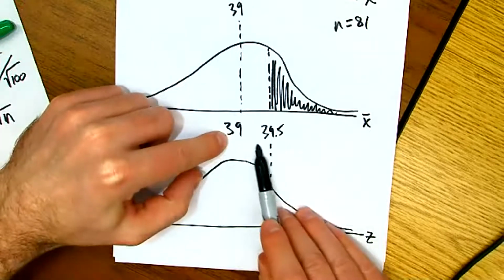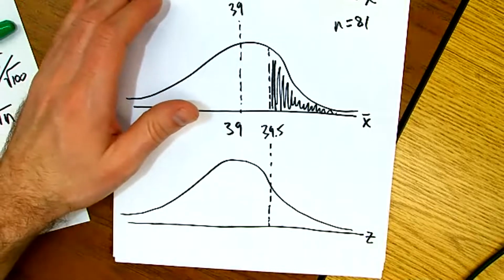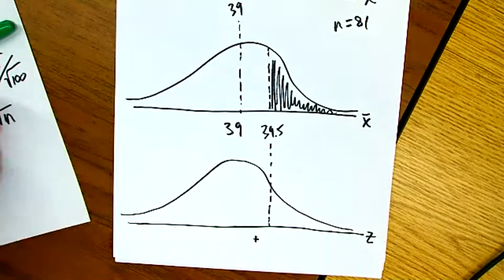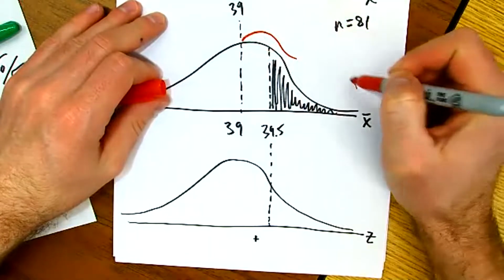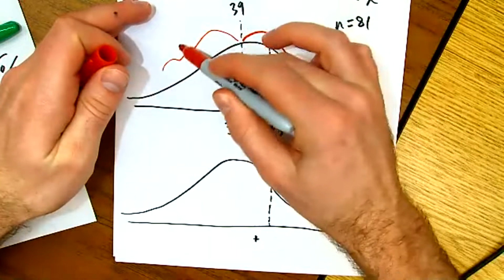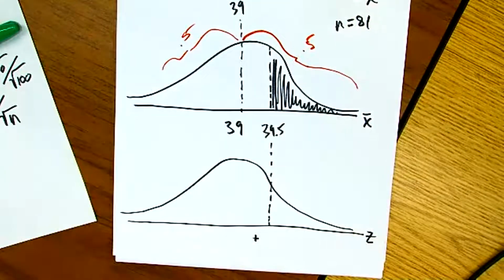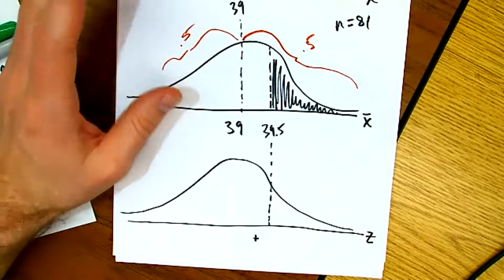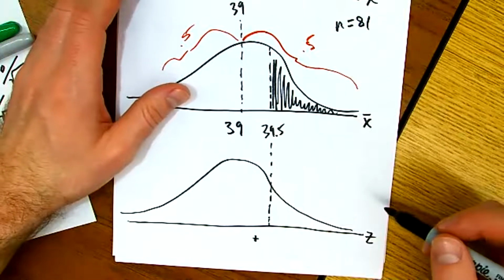If I'm looking at a value above the mean, it's a certain number of standard deviations above the mean, so it should be positive. Not only that, I know the area to the left and the right of the mean is 0.5, so I want something smaller than that. Sorry, I know the z-score has to be positive and the probability has to be less than 0.5. Got ahead of myself there.